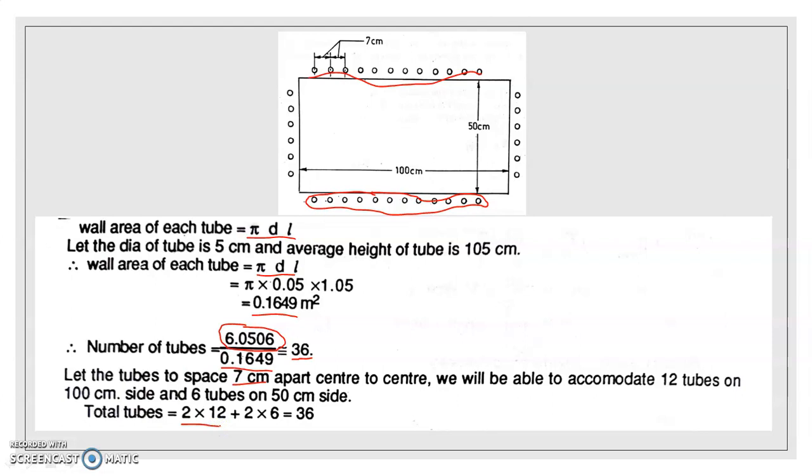The remaining 12 are arranged 6 on this side and 6 on this side. So you get a total of 2 into 12 plus 2 into 6 equals 36. Like that is the design of a transformer tank with cooling tubes. Thank you for listening to me. Thank you very much.